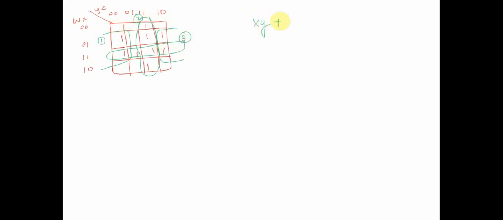Second one is entire yz, and the third one would be this particular example where we have wx. Correct? So basically we saw we have three terms, and we are able to capture everything in those three terms. This will be the final output.